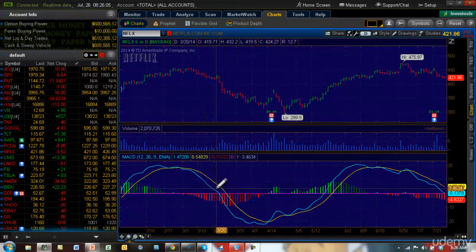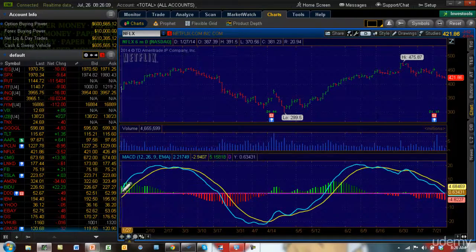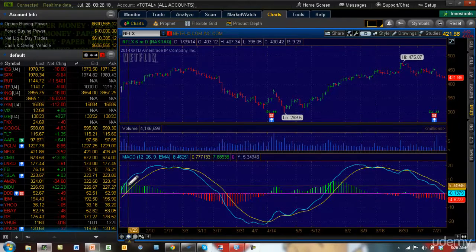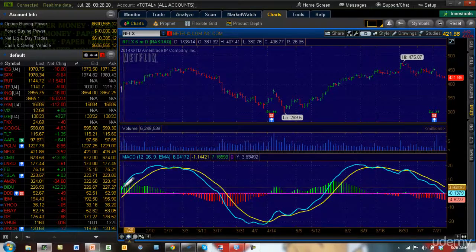Now we're looking at the histogram, and when you see these darker green lines, it's telling you that the momentum is strong and it's increasing, because you can see that the histogram bars are getting bigger.